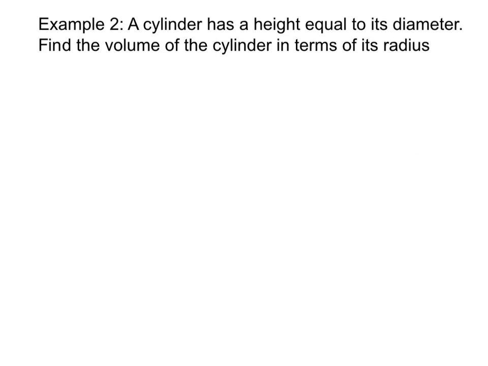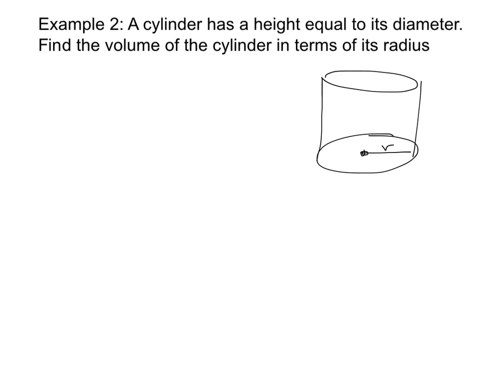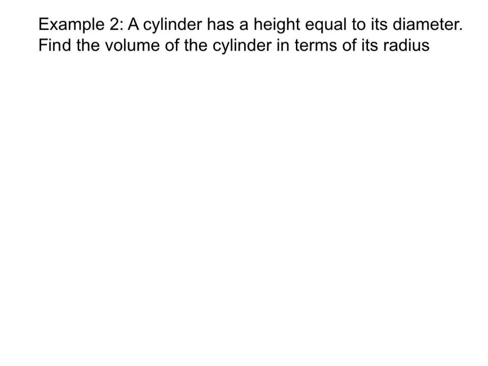I can draw a picture. Right, this is my radius. This is my height. I'm now going to write an equation that has what I have, height, in terms of what I want, which is radius.